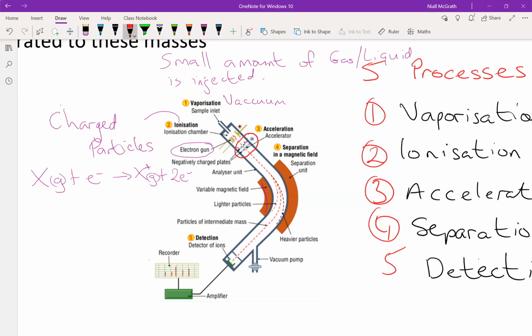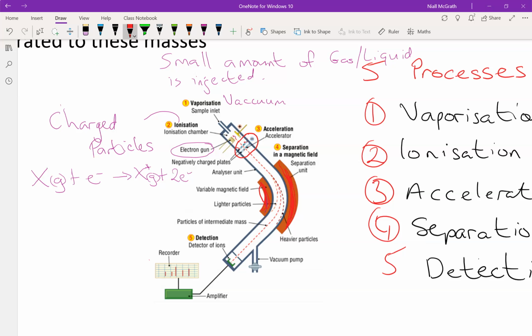Next we move on to the separation in a magnetic field, which does what it says on the tin, really. Your ions are separated based on their masses. This reddish brown area is what they're representing as a powerful electromagnet.